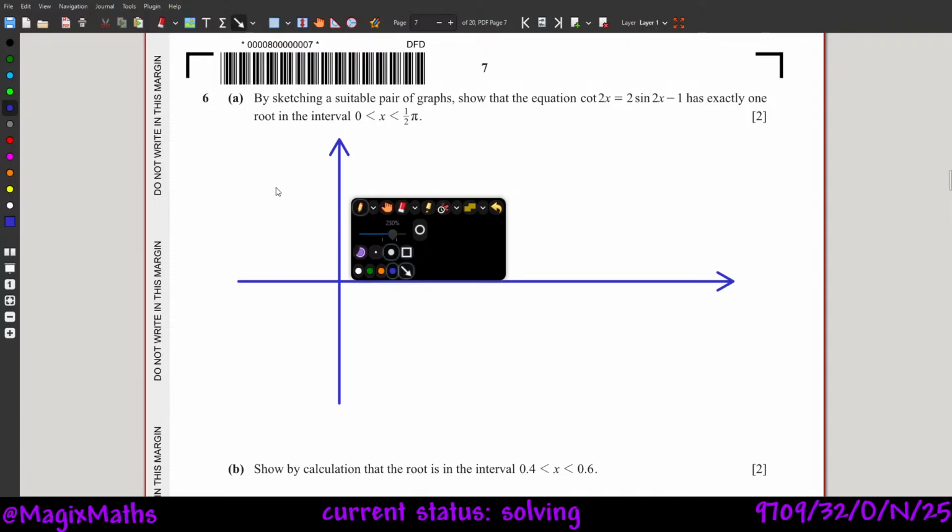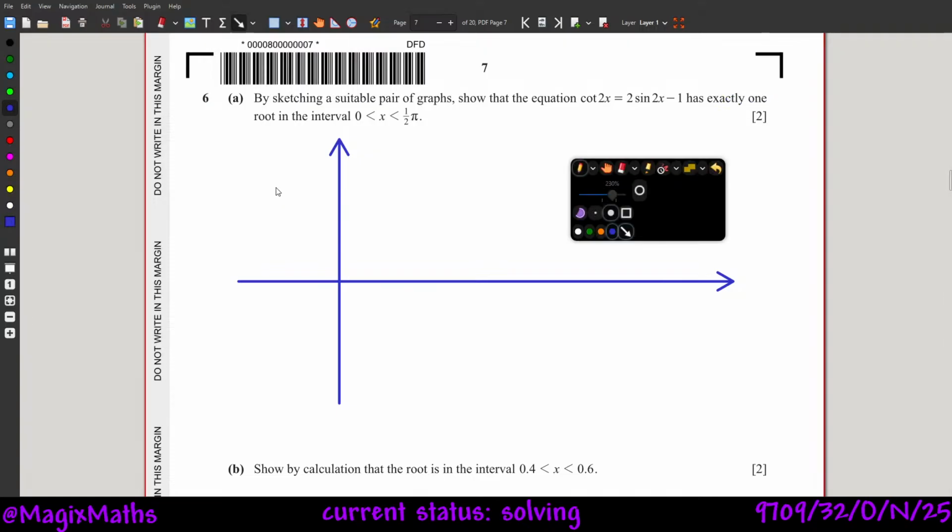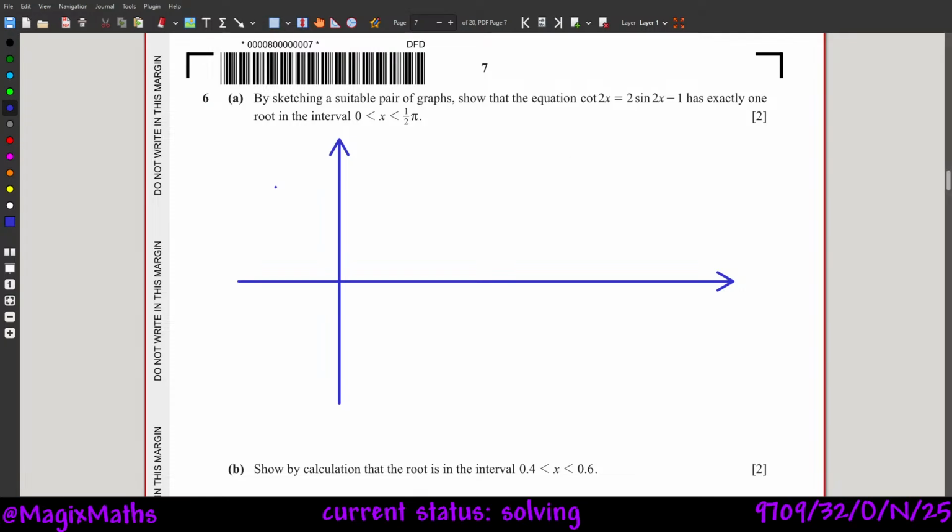When we have y equal to this and y equal to this, two different equations that have only one root, it means that whatever we draw, it will have only one intersection.